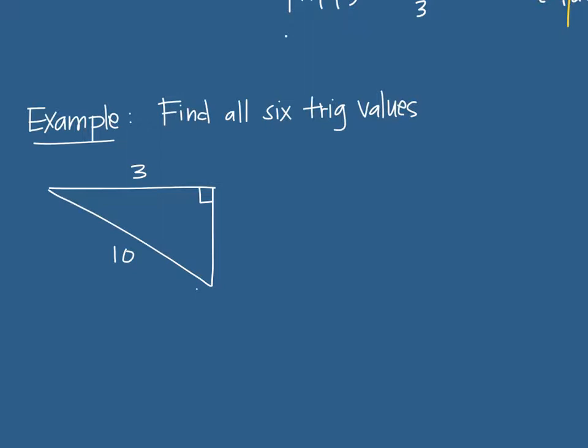What is missing? A is missing, so I'd have to figure that one out. What else is missing? Alpha and beta. You have to decide the labeling of where you're going to put each one.